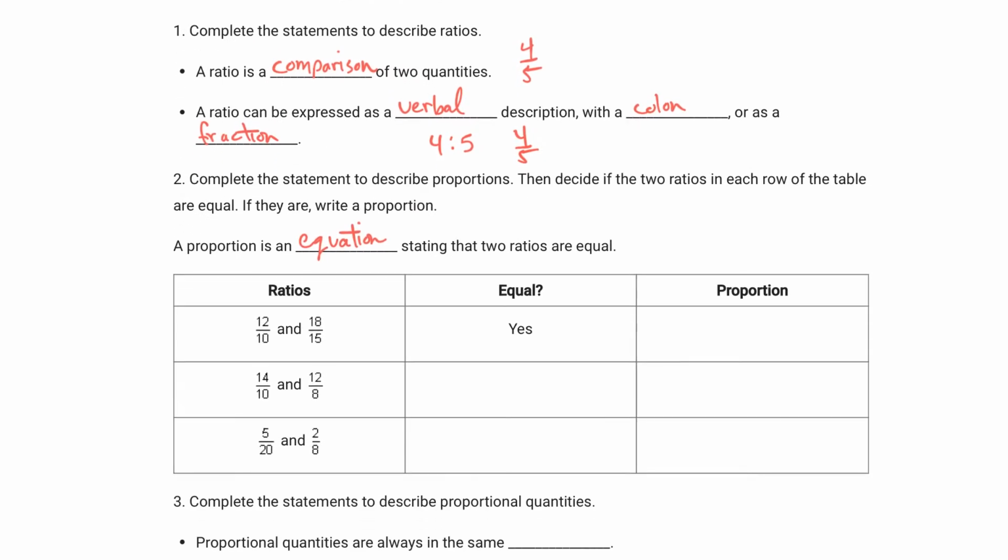So what we have here is a proportion. Are they equal? The proportion is to say that 12/10 is equal to 18/15. How do we know that the two of these are equal? Well, you could cross multiply. You could multiply 12 times 15, that's 180, and 10 times 18, that's 180. Both those cross products are 180, so you know that the two are equal.